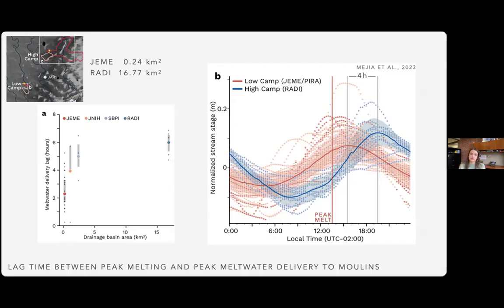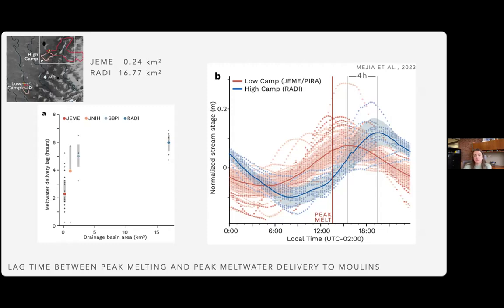These are our observations over the 2017-2018 melt seasons. The pink lines correspond to our low camp, our smaller catchments, and our blue line corresponds to our larger catchment at Radical. Here we can see a later timing of meltwater delivery at our larger, higher elevation catchment.